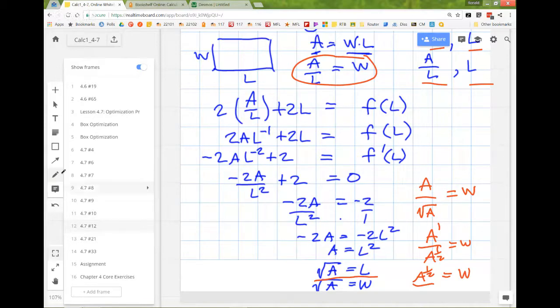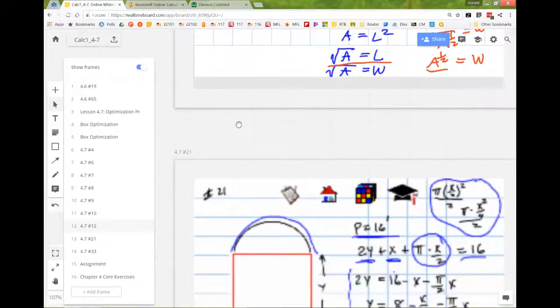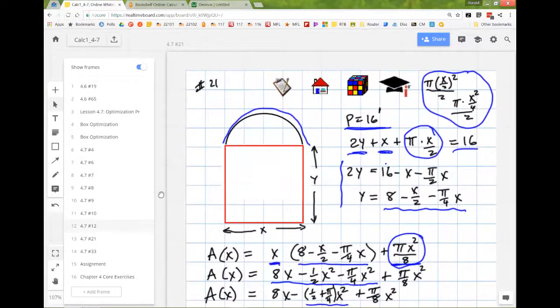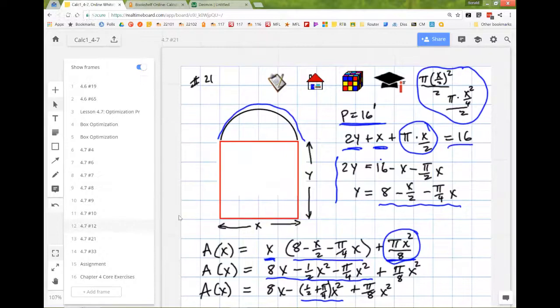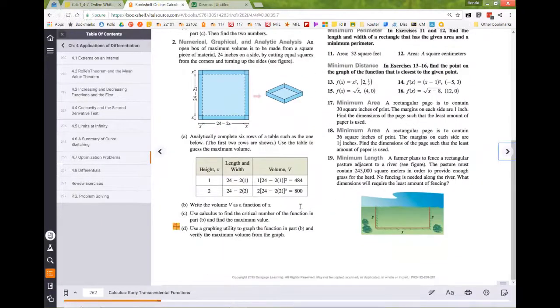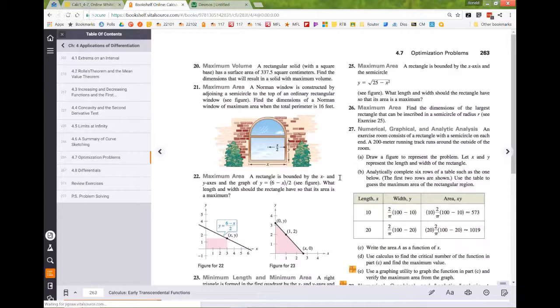Well, let's take a look at number 21. Now we're at a real challenging problem here, okay? So I don't have the problem, so let's take a look in the book. Number 21. Yeah, so let me grab that.